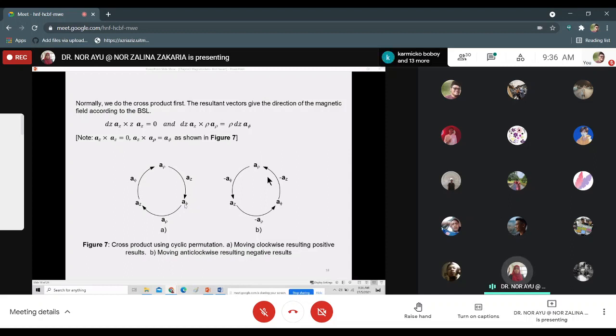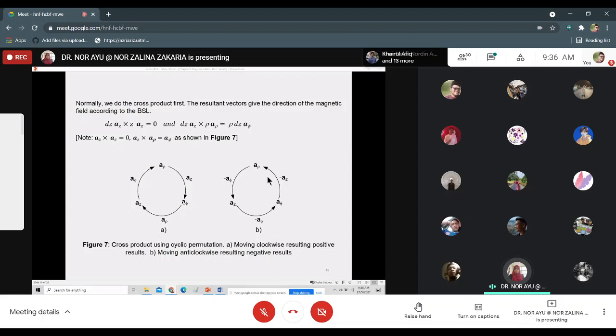Tapi kalau tadi kita clockwise, sekarang kalau kita anti-clockwise, which is a phi cross dengan arrow, kamu akan dapat negative az, because dia dah anti-clockwise. Again saya ulang.